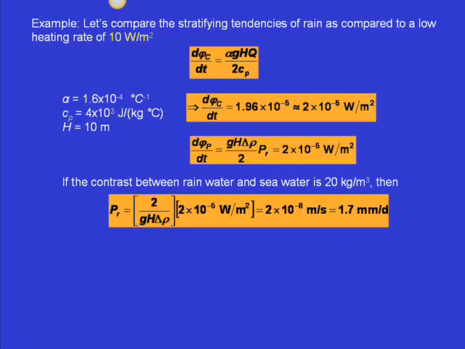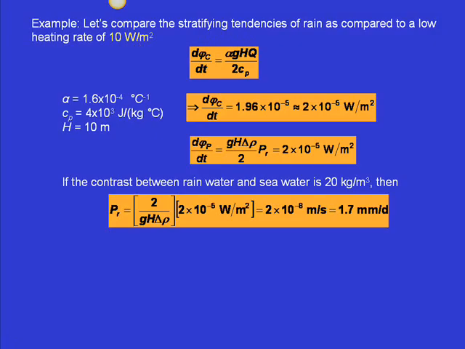That perhaps still doesn't mean much to some of you. 1.7 millimeters per day is a little more than half an inch per day. So that's a precipitation rate that is not unusual, right? That can stratify the water column in a similar way as a heating rate of 10 watts per square meter.